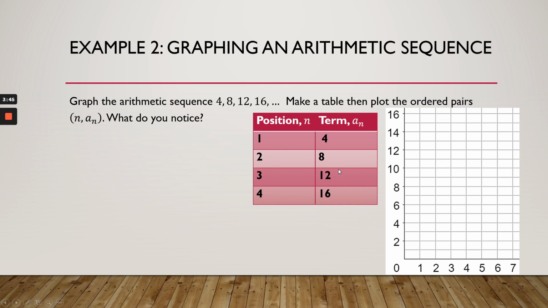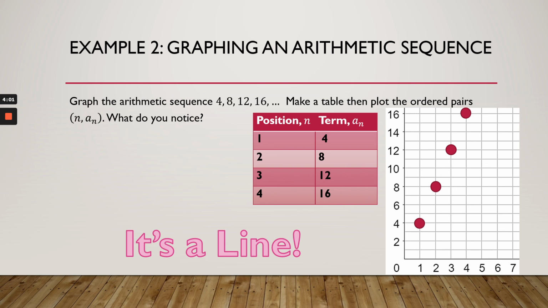So as I graph these, we graph the points (1, 4), (2, 8), (3, 12), and (4, 16). One thing we notice from arithmetic sequences as they are graphed is it's a line. Okay? Arithmetic sequences are linear in their graphs.